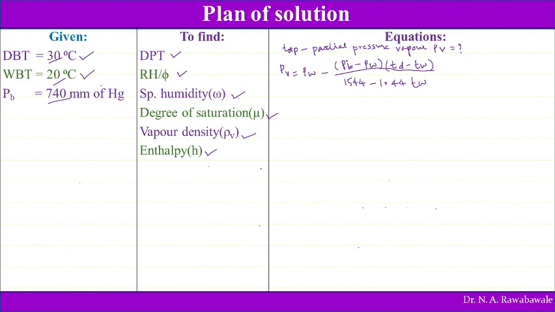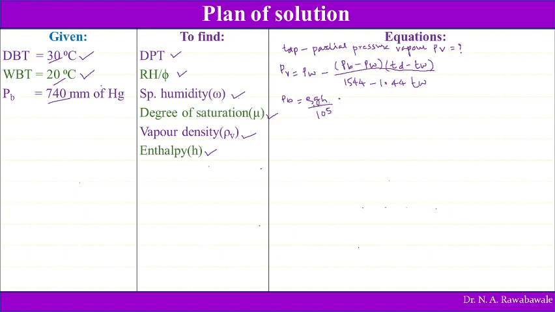Here PB is given as 740 mm of Hg, so PB is rho g h, that is the density of mercury, acceleration due to gravity, and h, which is 740 mm of Hg and has to be converted into meters. PB has to be converted into bar, so we divide by 10 to the power of 5.